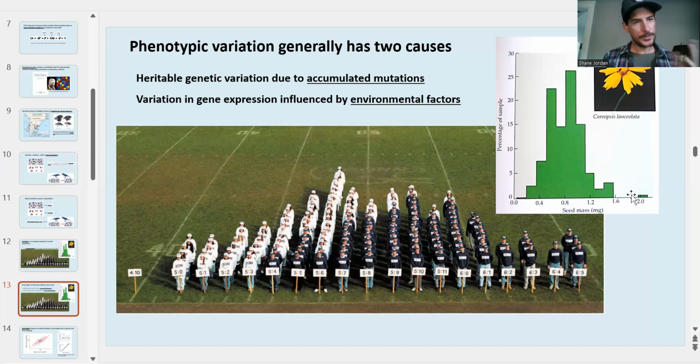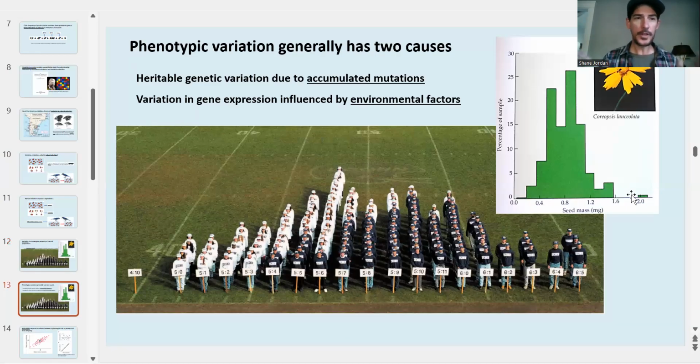And as we discussed when we were talking about mutations, phenotypic variation generally has two causes. There is heritable genetic variation, which is basically caused by the accumulation of different mutations. That's different versions of alleles emerging over time by accident because of mutation. And then there's variation in gene expression that is influenced by environmental factors.